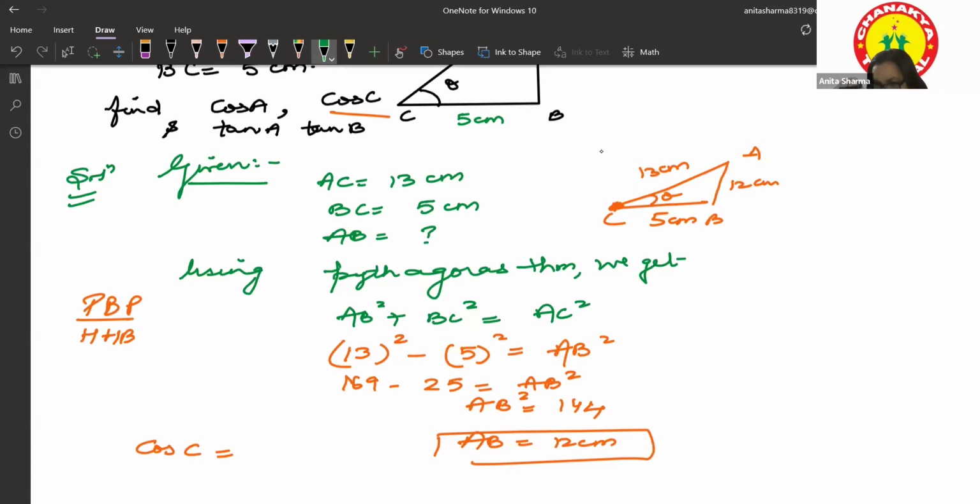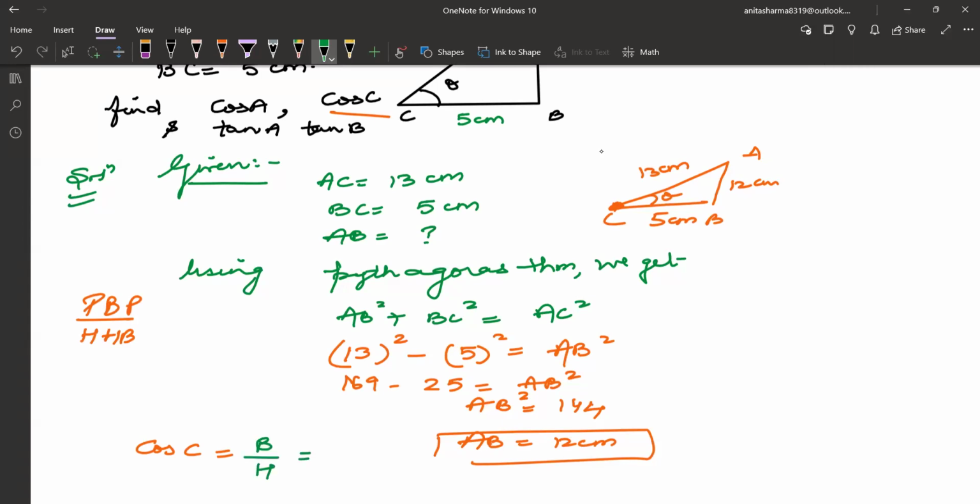Pranav? Ma'am, cos C is equal to base by hypotenuse. Yes, very good. Base upon hypotenuse. So what is base here? 5. Yes, and what is your hypotenuse? 13, right?